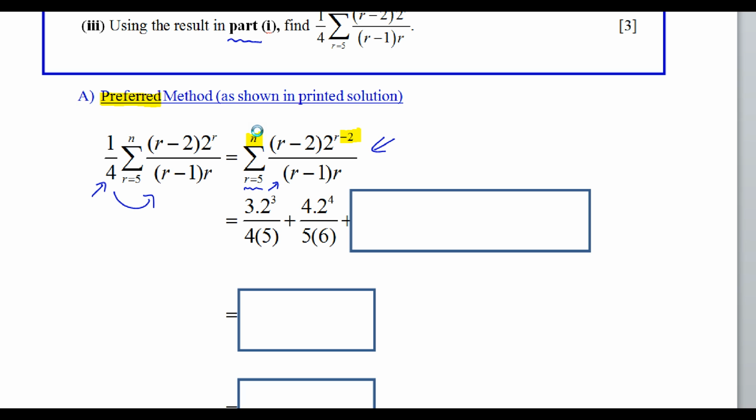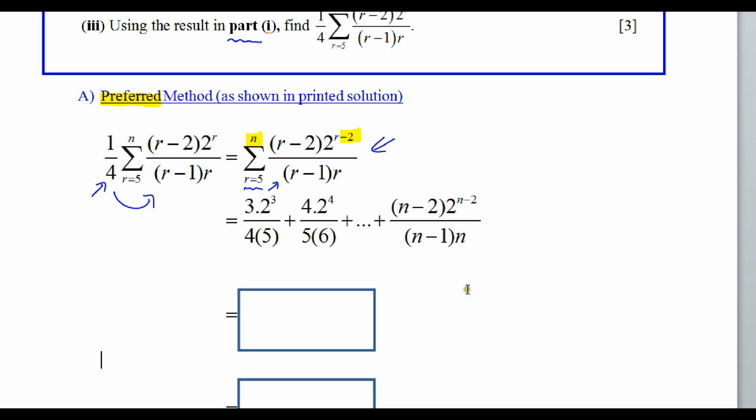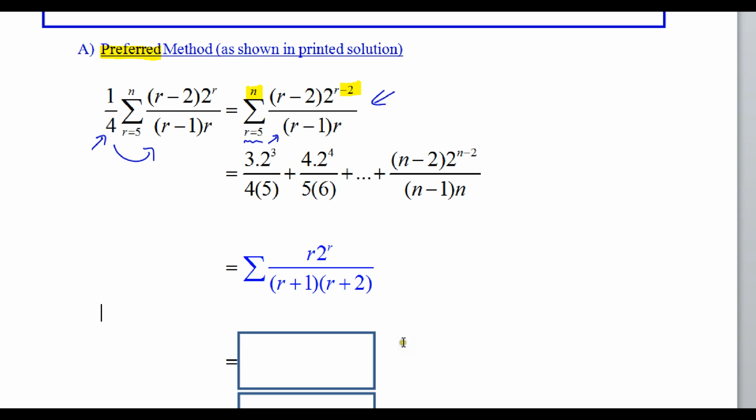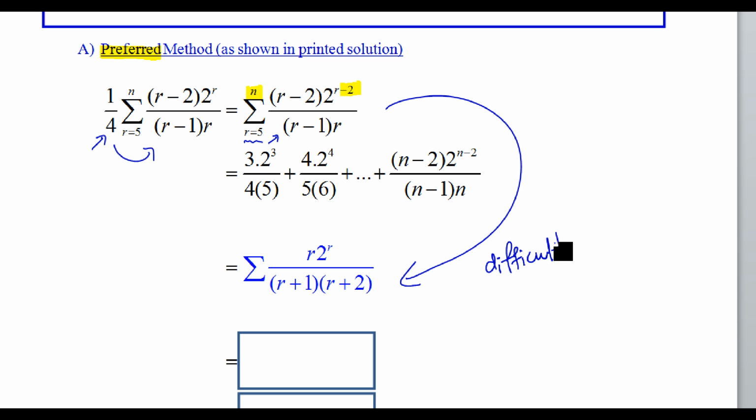This is actually r equals to n, that signifies the last term. So, this is the last term. Then we are about to link it to the earlier summation, which is this. Now, it is a little more difficult to go from here to here, difficult. But not impossible, but it's difficult.